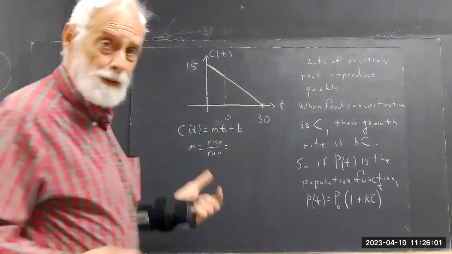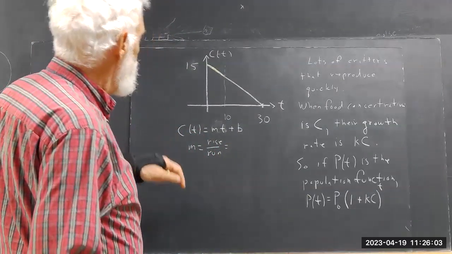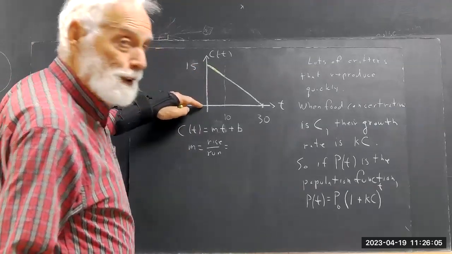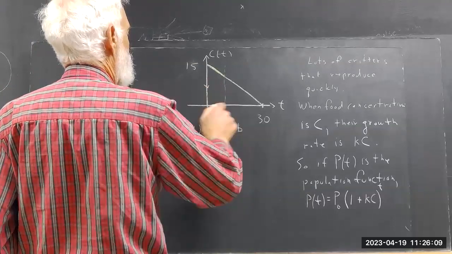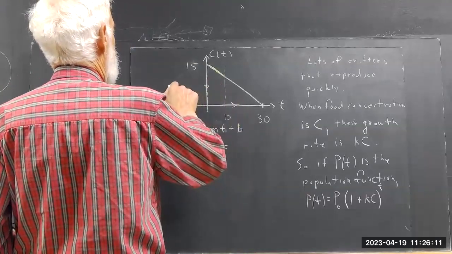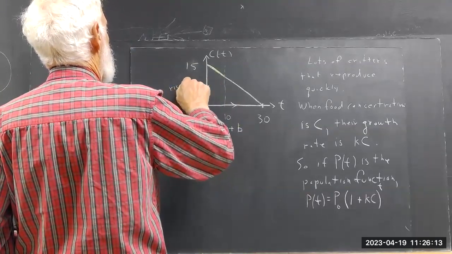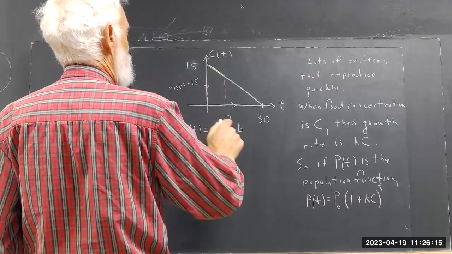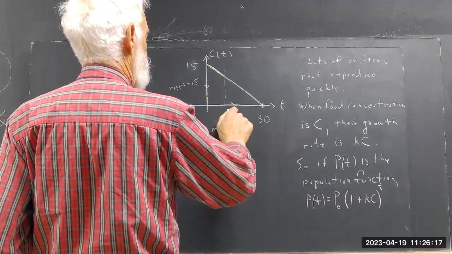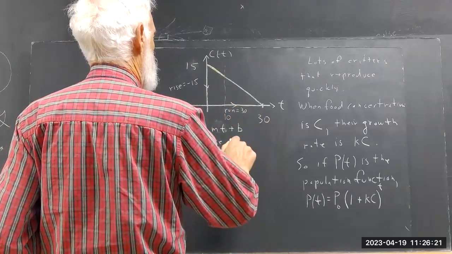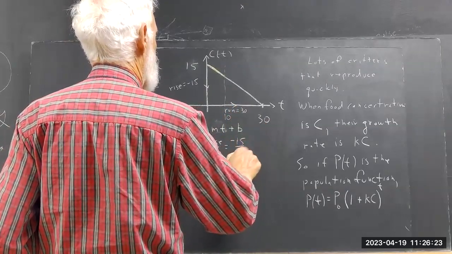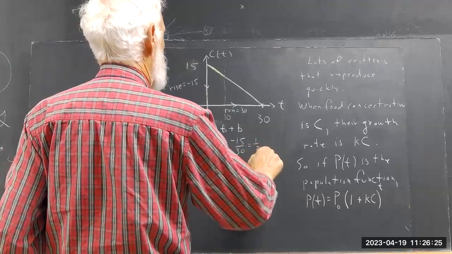Now we've done this, this is kind of review. And the rise is -15. So here's your rise, and here's your run. So that's -15 over 30, which is of course -1/2.